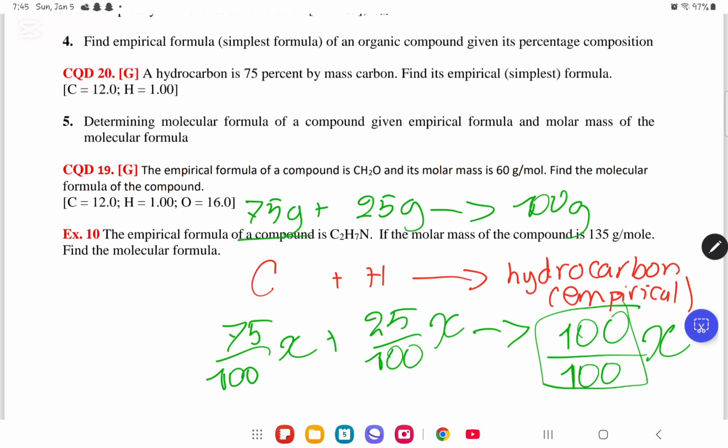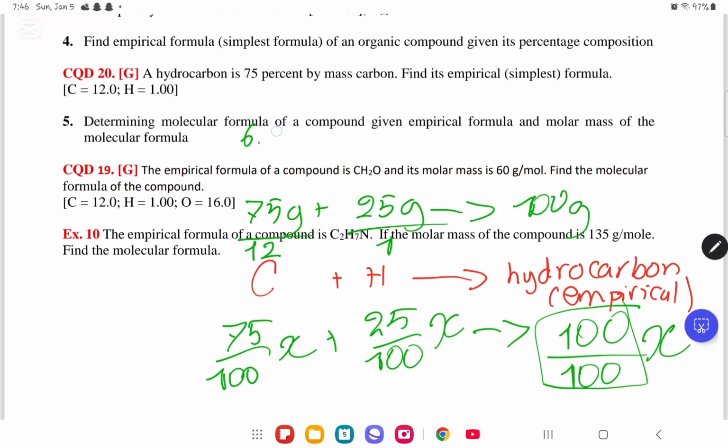So the 75 grams divided by the molar mass of carbon, which is 12, in addition to the 25 grams divided by the molar mass of the hydrogen, which is then 1 in this case.